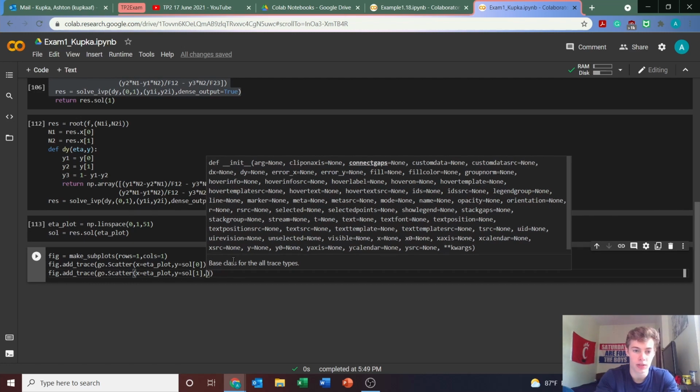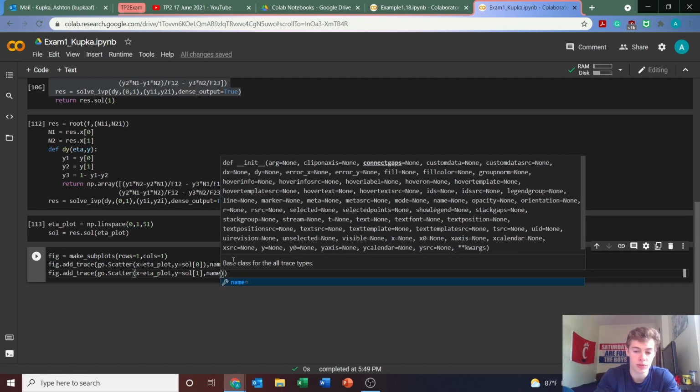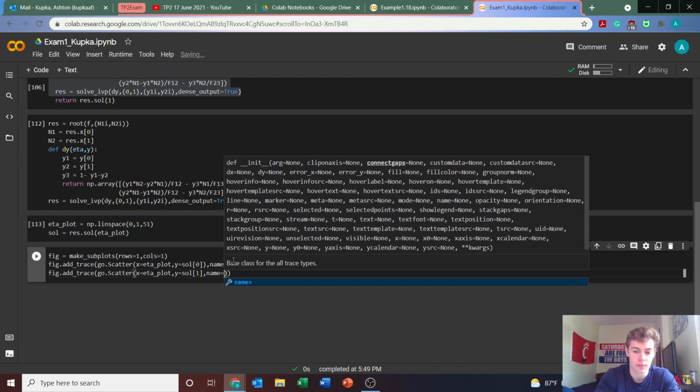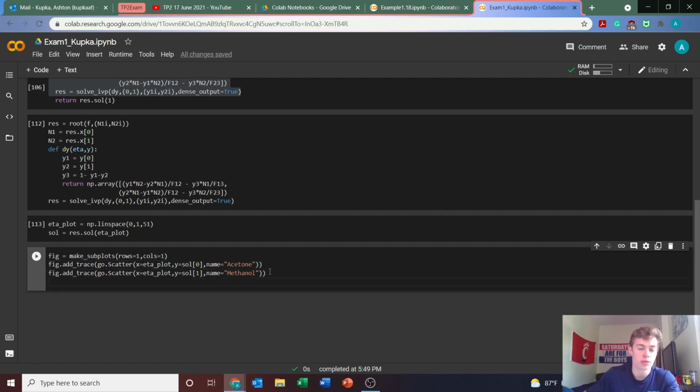And then we're also going to have our name set equal to methanol. This is going to give me an error, I already know it. Then we're also going to graph our air as well.